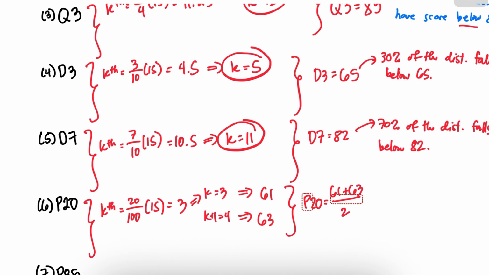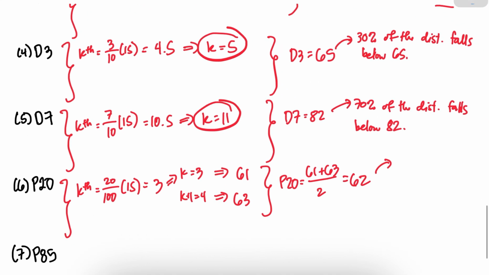I think that's pretty straightforward, but we can go ahead and try to compute that if you want. Divided by 2, that's going to give us 62. And this 62, everybody, we can interpret this as 20% of the distribution falls below the score of 62.